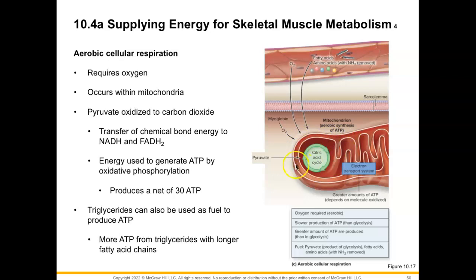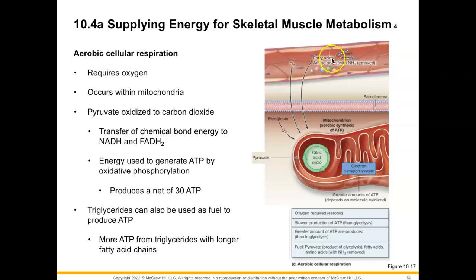And we ended up with pyruvate from going through that glycolysis process, right? And so we can use pyruvate to oxidize it to carbon dioxide. We're going to transfer the chemical bond energy to NADH and FADH2. And the energy will be used to generate ATP by oxidative phosphorylation. And that, as a result, will produce 30 ATP.